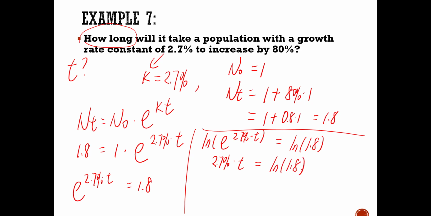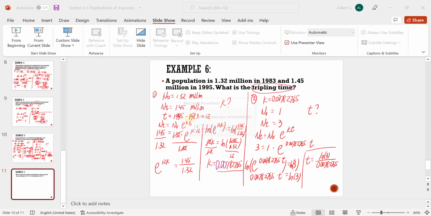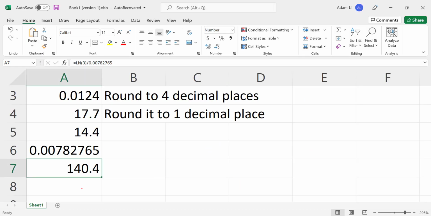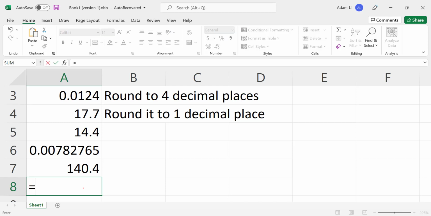And we're going to solve for time t by dividing 2.7% from both sides of the equation. So we cancel that, time t is by itself, so we end up with ln of 1.8 over 2.7%.